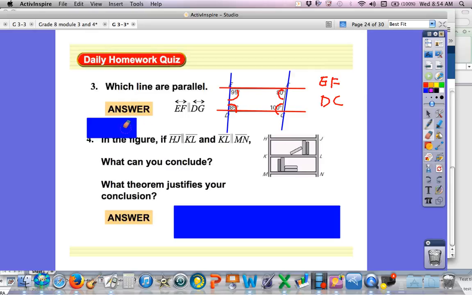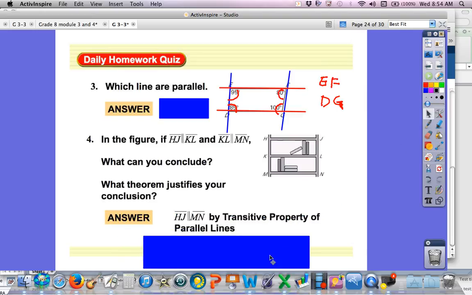And in the figure, HJ to KL, and KL to MN. Okay, so if this is parallel to this, and this is parallel to this, you can conclude that HJ is parallel to MN by the transitive property of parallel lines.